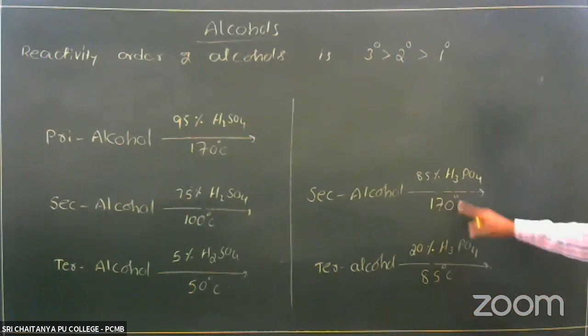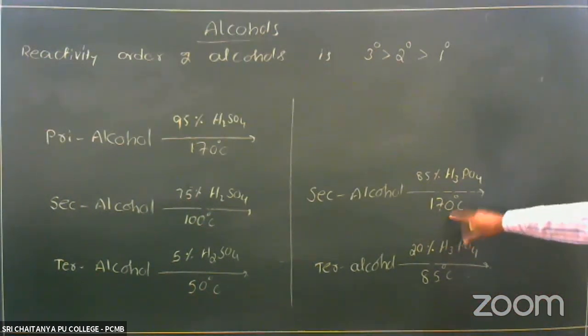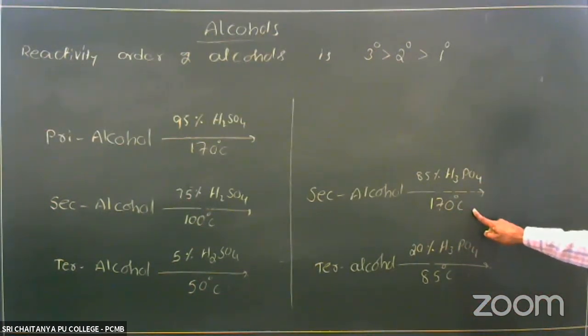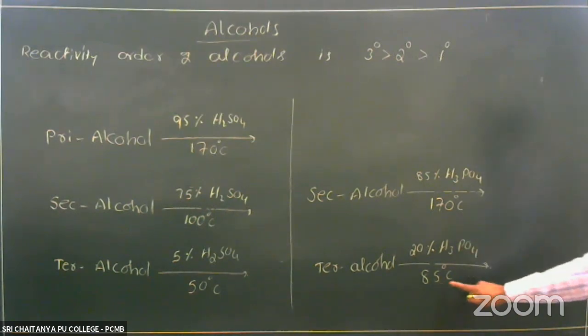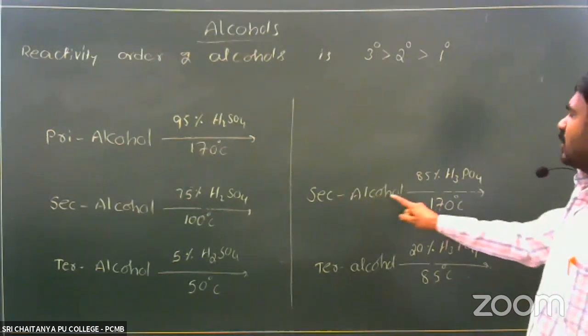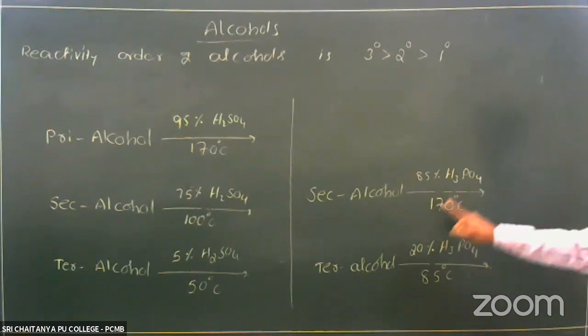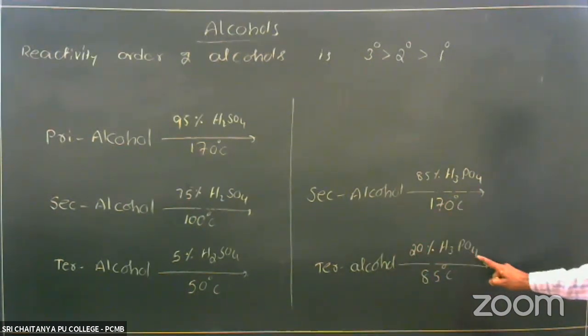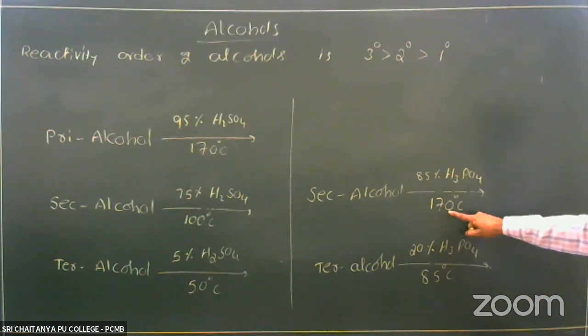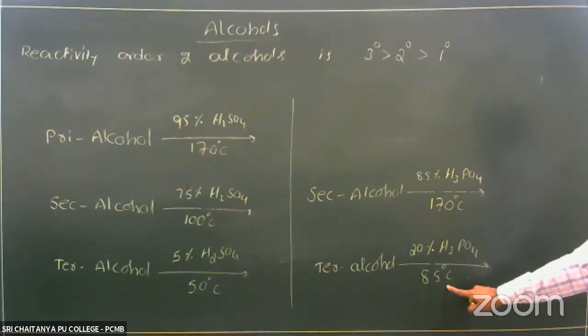To convert to Kelvin, add 273: 170 plus 273, next 85 plus 273. So secondary alcohol requires 85% phosphoric acid, whereas tertiary alcohol requires 20% phosphoric acid. Secondary alcohol requires more temperature than tertiary alcohol.